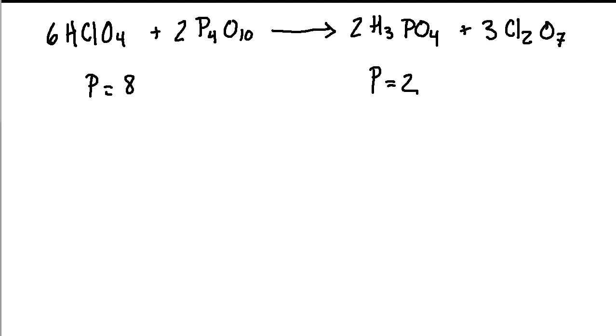So what I do is I say, all right, this is the one that I need to do some number changing with, right? So if this is 8 over here total and this is 2, I need to bring one of these down to the level of the other. So in this case, because this one is so high, and this one only has the 2, we can't change the number in front of here because we know that that's going to create an issue.